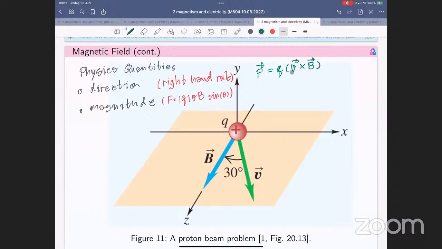Of course, you have to start from the vector V to the vector B, the second vector. You get the thumb direction as the induced force direction. Okay, from V to B, here is the way you rotate your four fingers from V to B. And after that, your thumb direction is going to point upward or downward in this scenario.